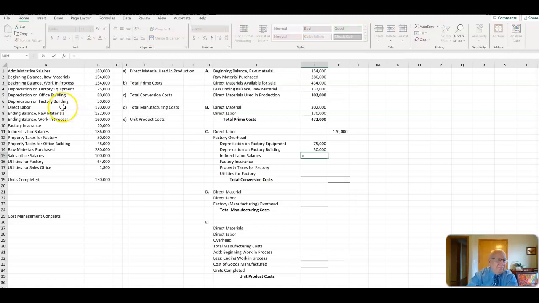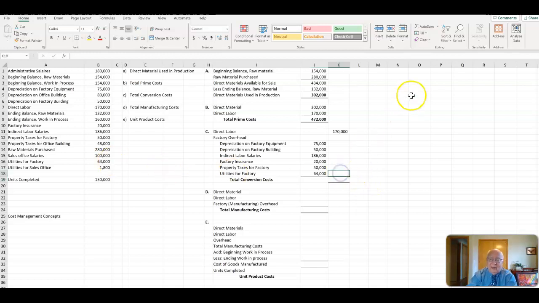Indirect labor is right there, 186,000. Factory insurance, which is, here we go, 20,000. Property taxes for the factory is 50,000. Utilities for the factory is 64,000.